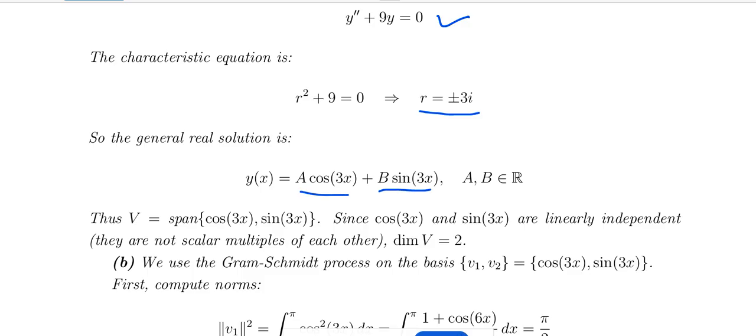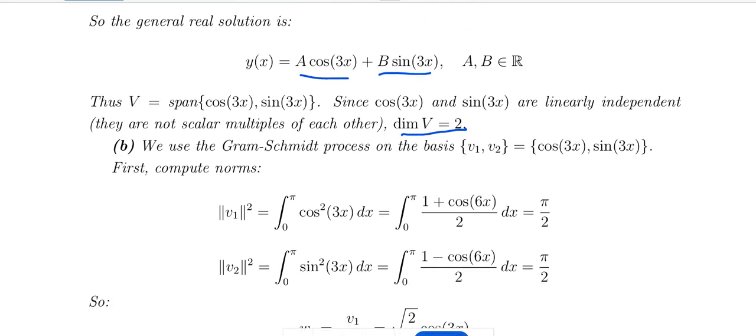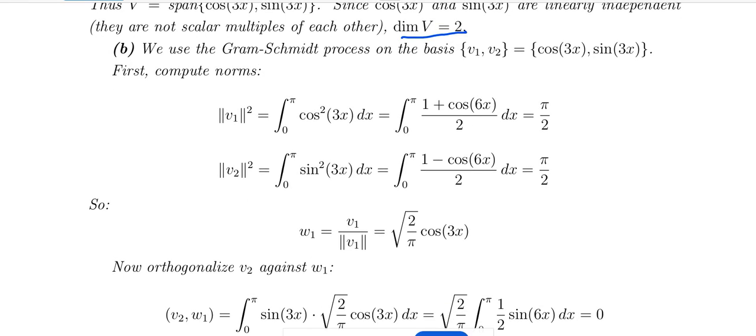So V equals the span of cos 3x and sin 3x, and cos 3x, sin 3x are linearly independent. They are not scalar multiples of each other, so the dimension of V equals 2, and the basis is cos 3x, sin 3x.